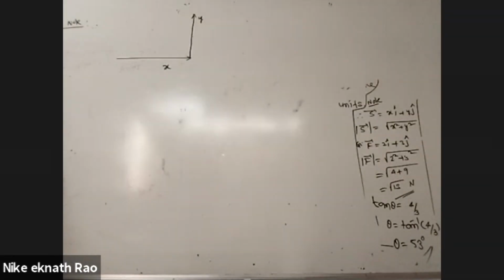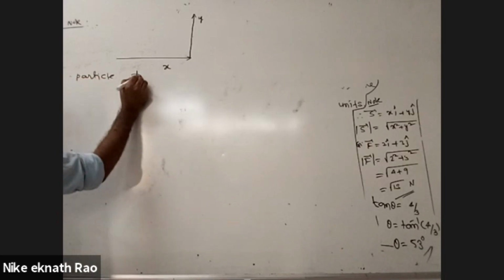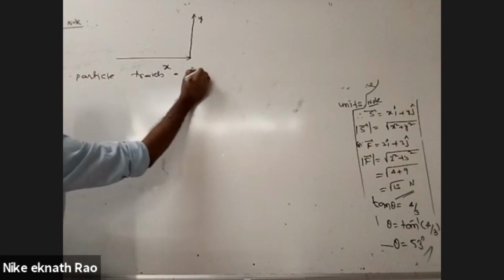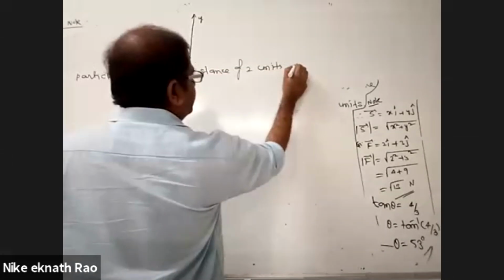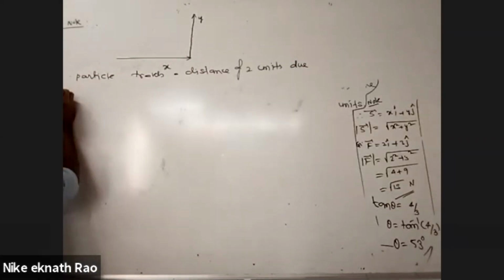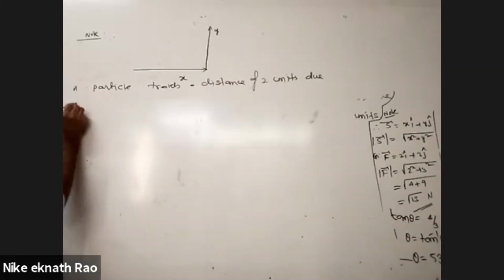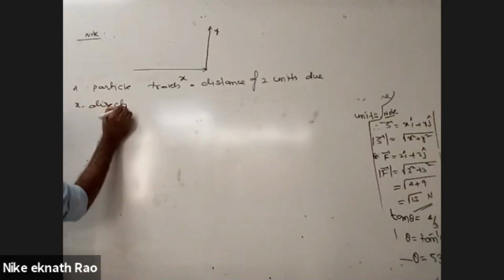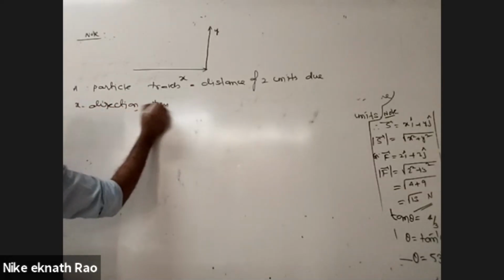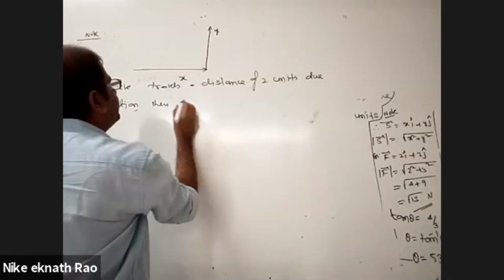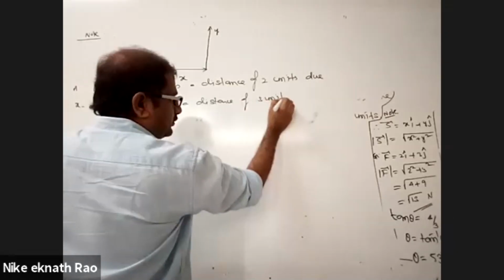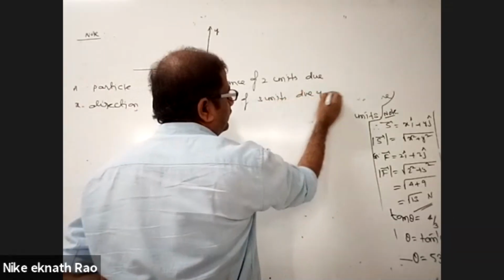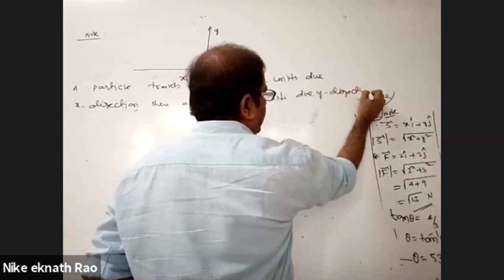For example, you can take a particle that travels a distance of 2 units in x direction, and a distance of 3 units in y direction.